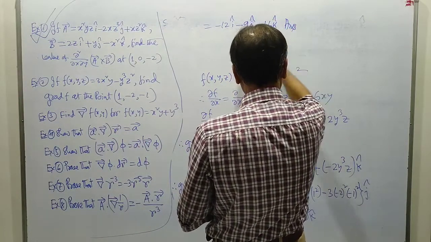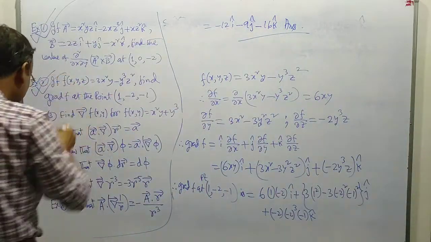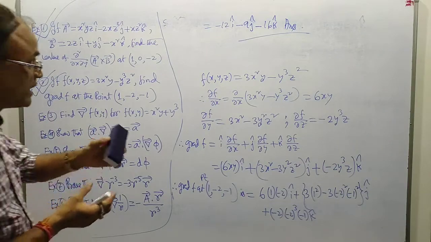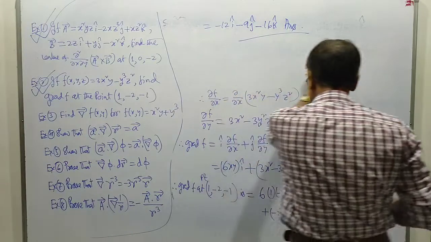The answer of number 2 is minus 12 i cap, minus 9 j cap, minus 16 k cap. This is the answer.